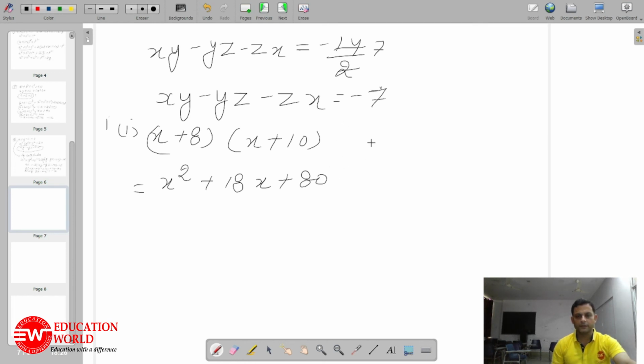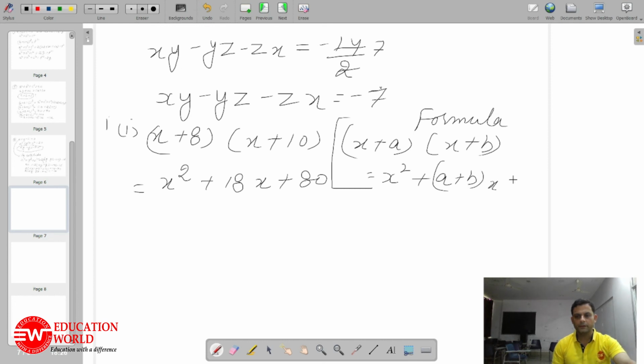The formula, if you want to remember, is (x + a)(x + b). This is the formula. So it is x square plus (a + b)x plus ab.